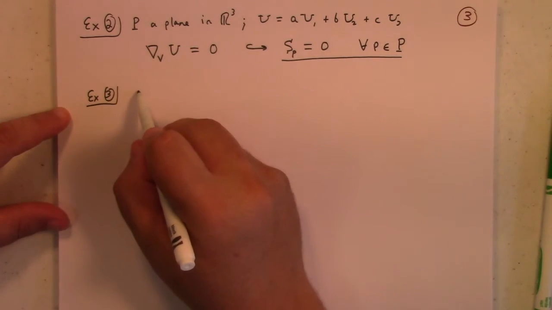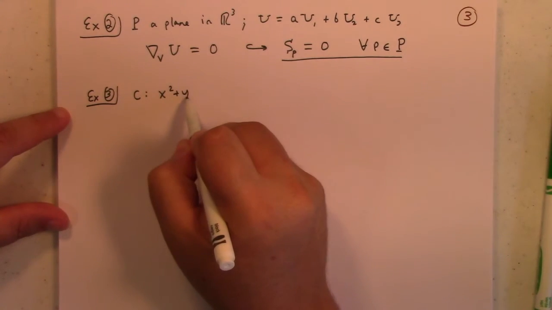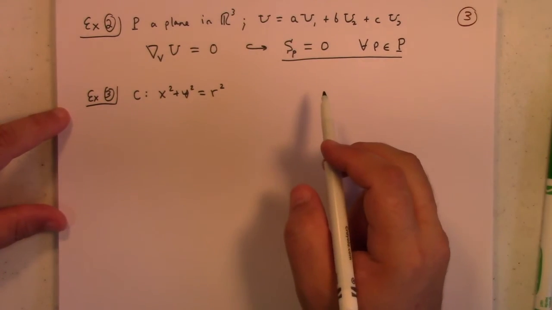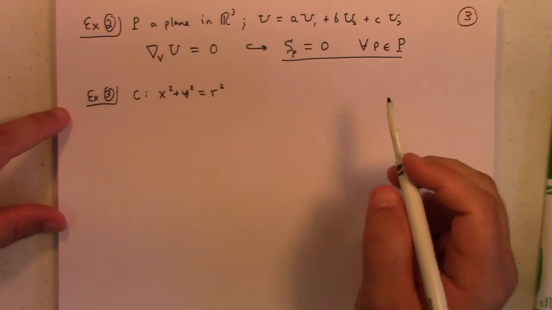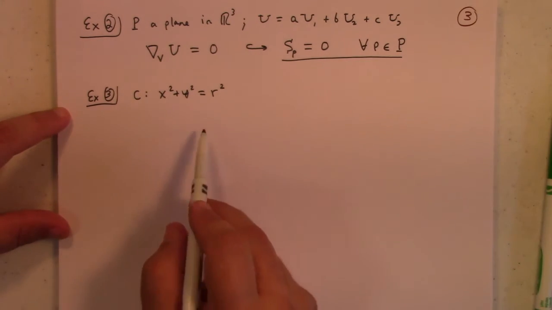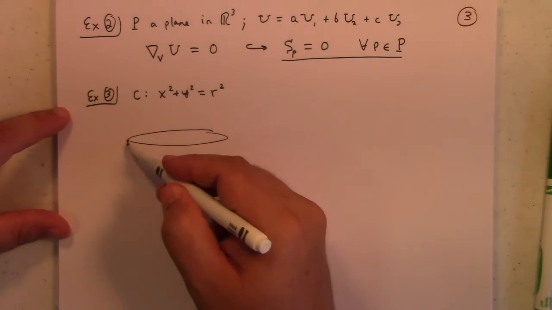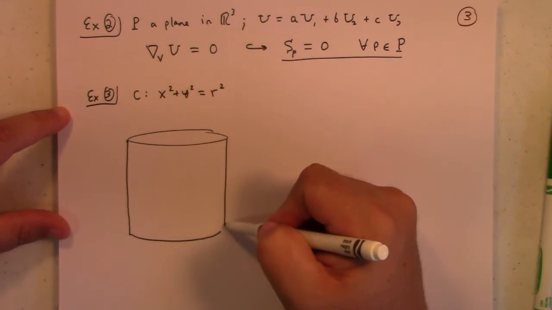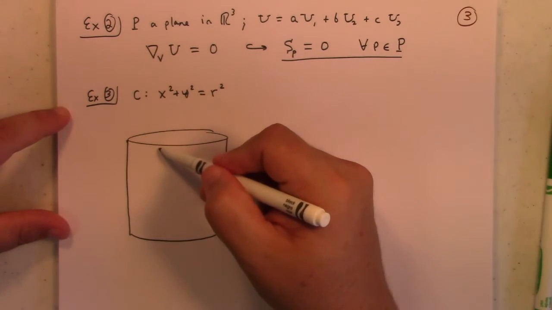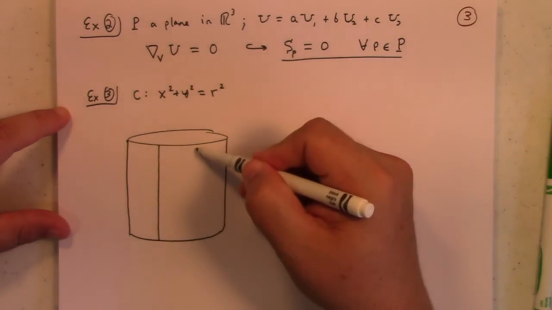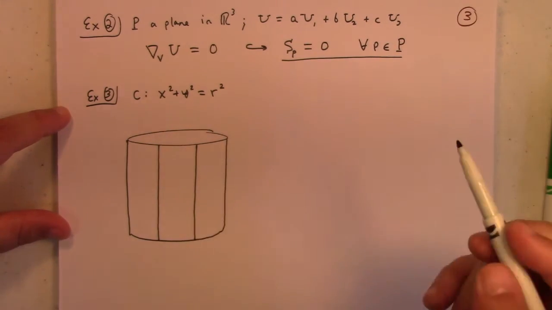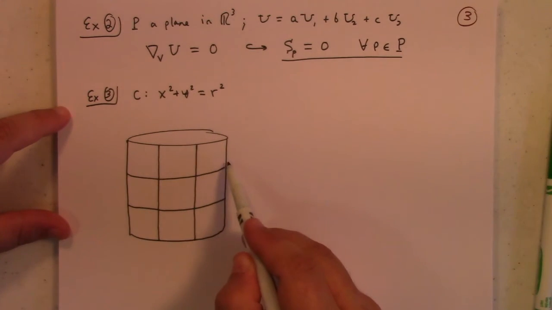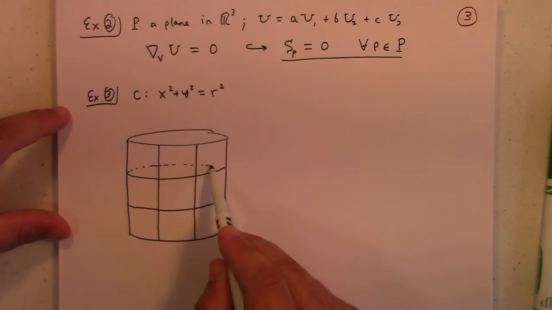the right circular cylinder, C, such that x squared plus y squared is equal to r squared, right? This is the right circular cylinder in R3, and if I were to draw a picture of it, of course, you can draw these curves along the cylinder, right? The vertical curves, I think, are called rulings.